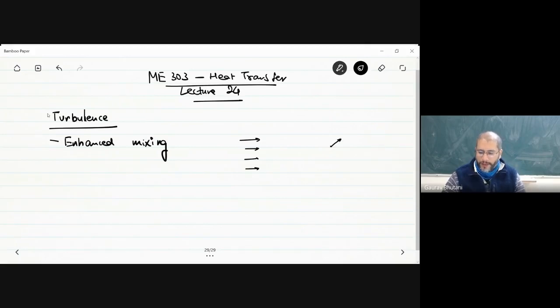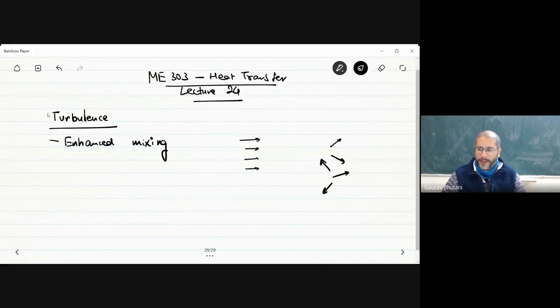And if we take a snapshot of the flow situation, at some places the flow may be going in different directions. What this means is that there is no steadiness in the flow.